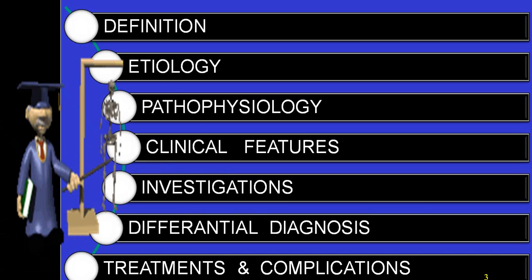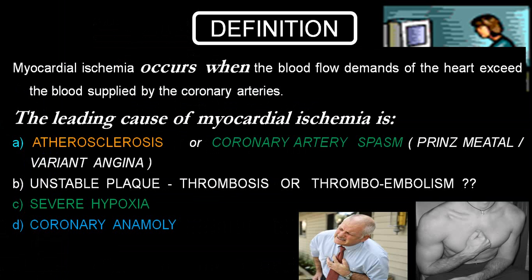We'll be discussing under this common heading: definition, etiology, pathophysiology, clinical features, investigations, differential diagnosis, treatment and complications. Myocardial ischemia means the blood flow demand of the heart exceeds the blood supply to the myocardium by the coronary artery. The coronary artery can be involved because of atherosclerosis or coronary artery spasm, which we call Prinzmetal angina or variant angina.